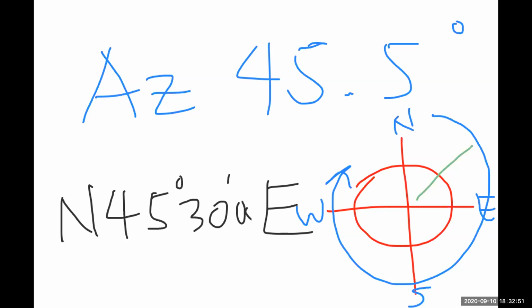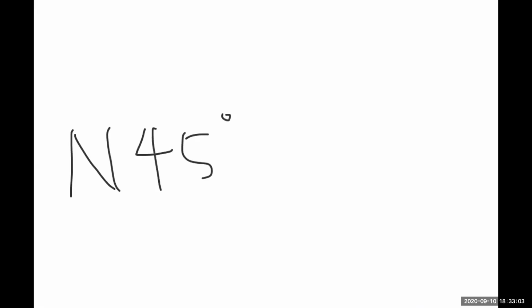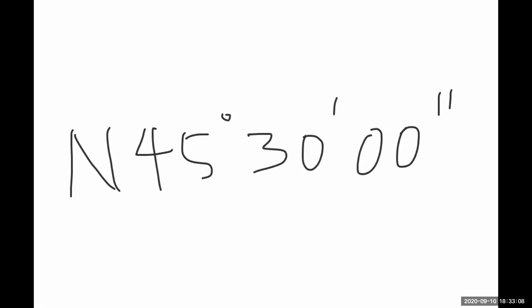Then we write 00 seconds. Let me write that a little better: North, 45 degrees, 30, 00, East. So anytime you see a half a degree, that's 30 minutes.